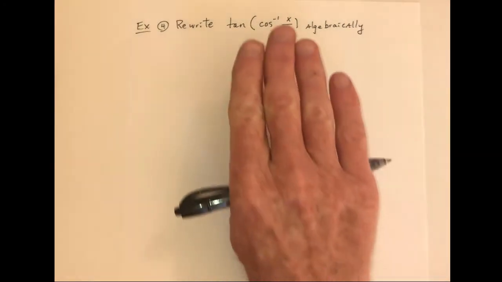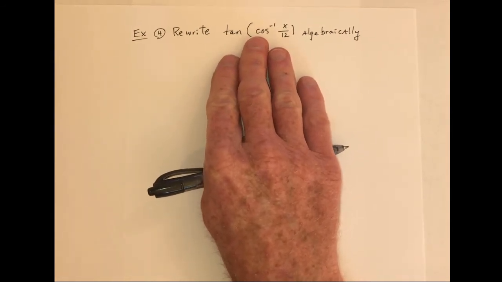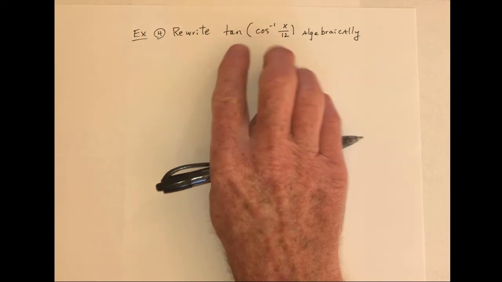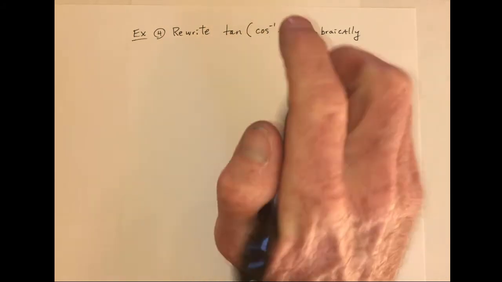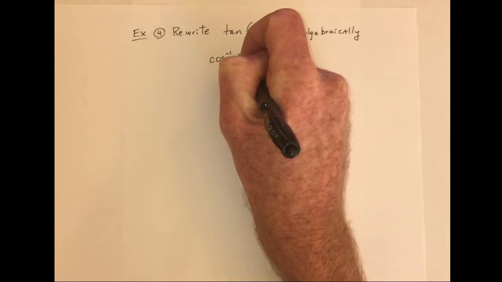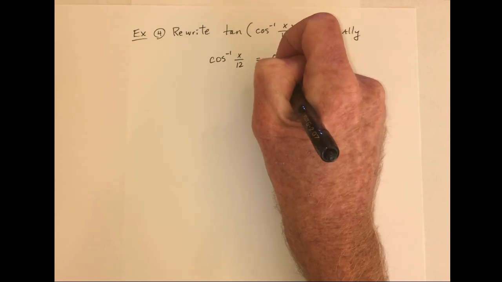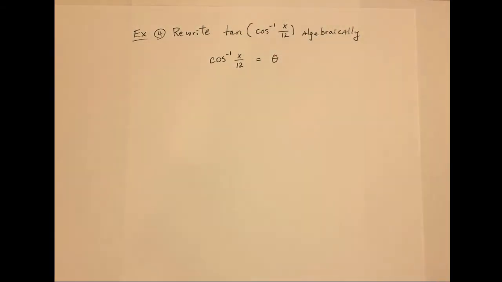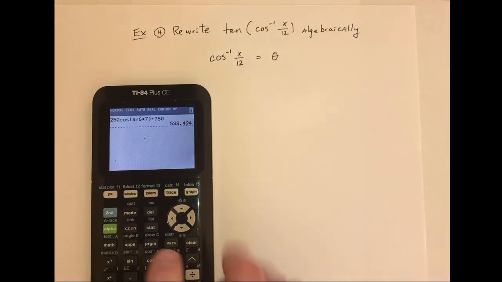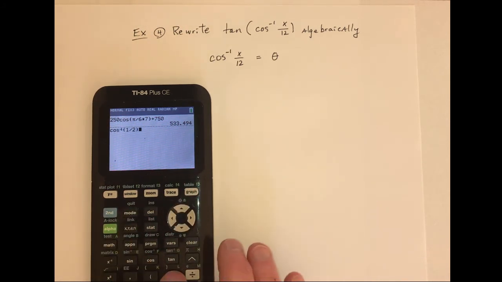In other words, rewrite this so that it does not have any trigonometry in it, so that it only has algebra in it. So you start with this. When you take cosine inverse of something, then what that equals is an angle. So when I say what's cosine inverse of a half or something like that, then it's telling me the angle.